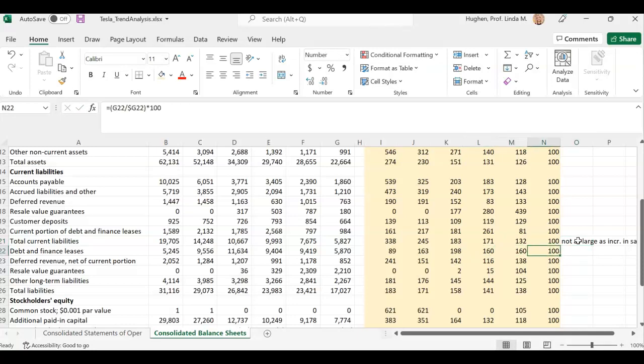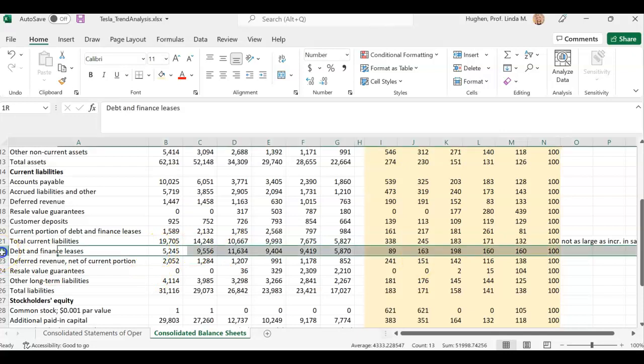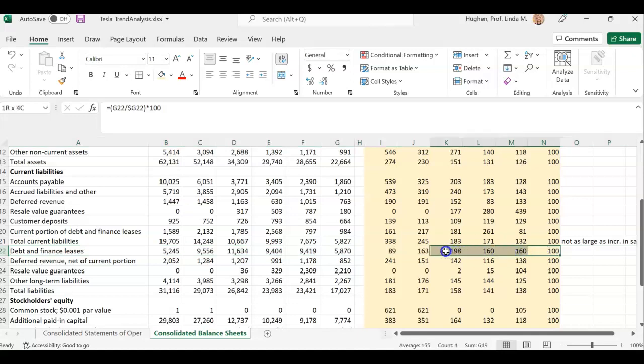In finance leases, we took a quick look at this earlier. We saw the dramatic changes in interest expense over the period. And what do we see? We see debt and finance leases, or long-term interest-bearing debt, was increasing, and then it began to decrease over this period. So the company in recent times is relying much less heavily on debt.